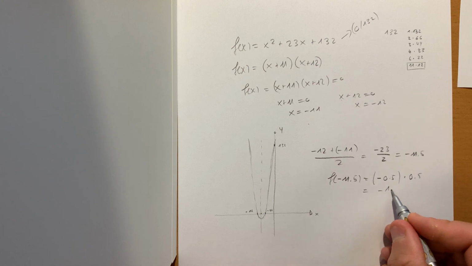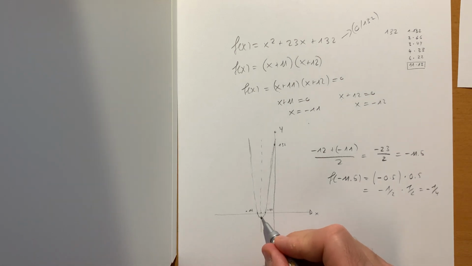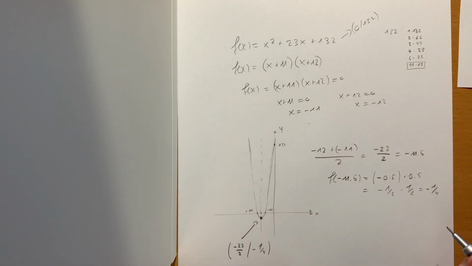So this is minus a half times a half. So that would be minus a quarter. So your vertex would be at minus 23 halves and minus a quarter.